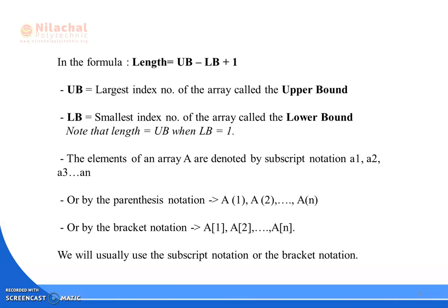So here we don't need to put the formula and find out what is the length. When we find that the value of the lower bound is 1, then we can automatically say that the length of the array is equal to the upper bound of the array.